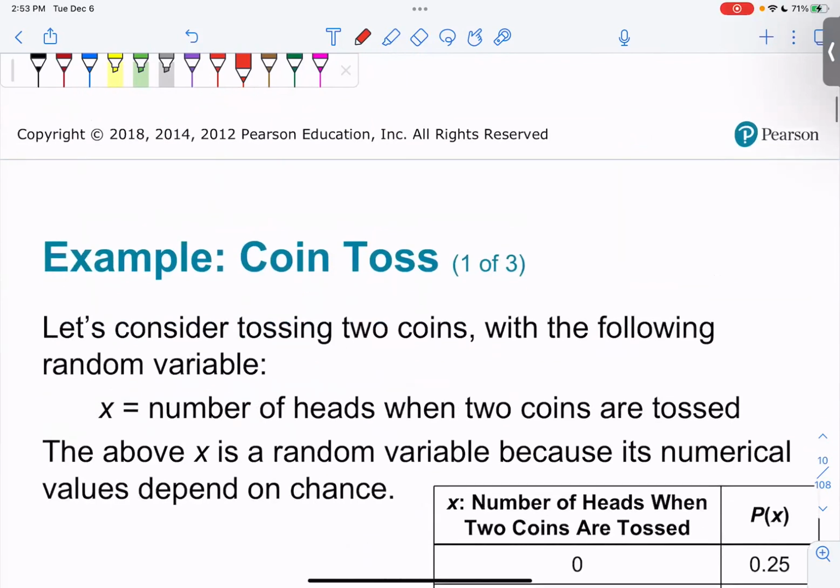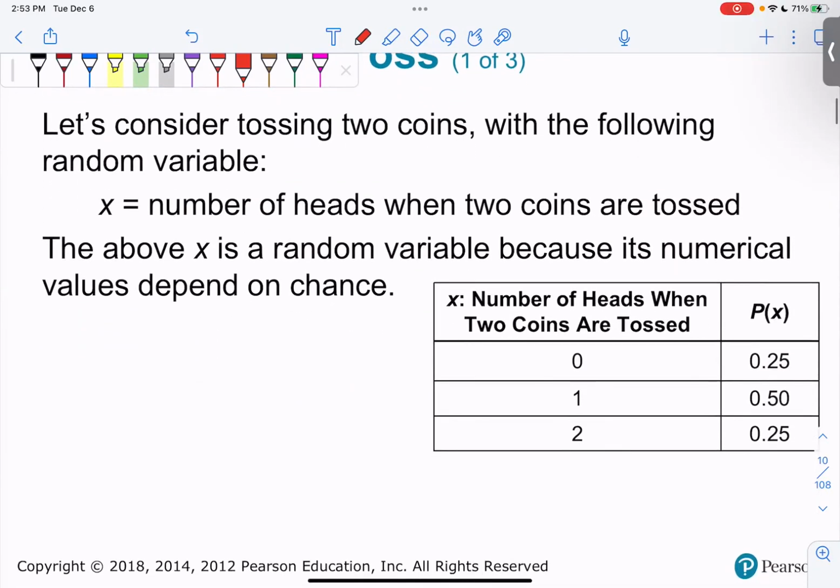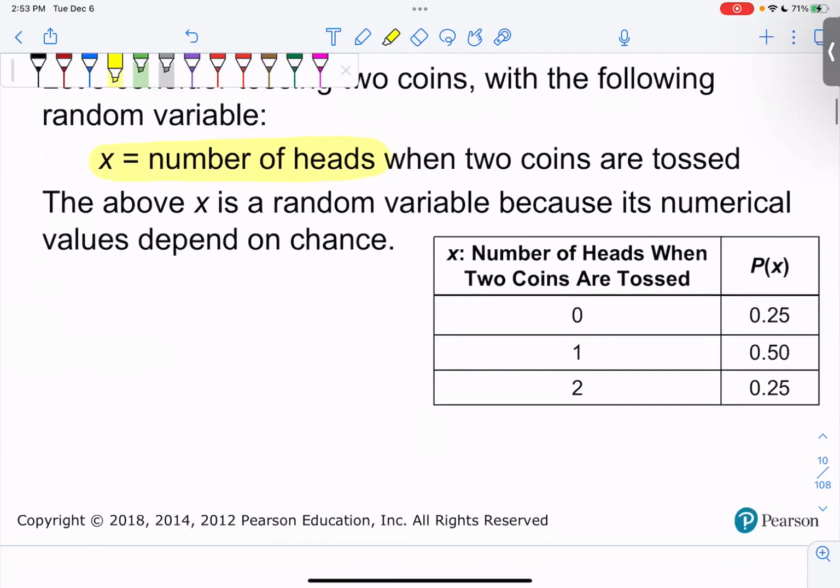Okay? So this is the example, which is exactly the same example we did. X is the number of heads, so this is the definition of our X. When we have 2 coins, and then those numbers, the summation of those equals 1, each single value is between 0 and 1.